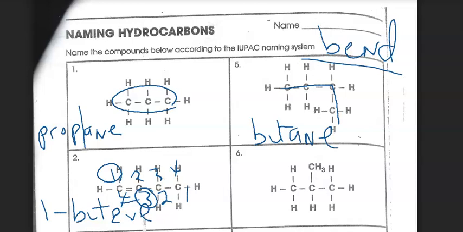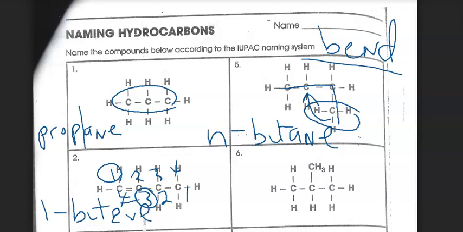Now, once I start with 4 carbons, I could have this group known as a methyl group stuck in the middle. I have to be careful. So this is just what we call N-butane, for normal, meaning it's a 4-carbon chain.